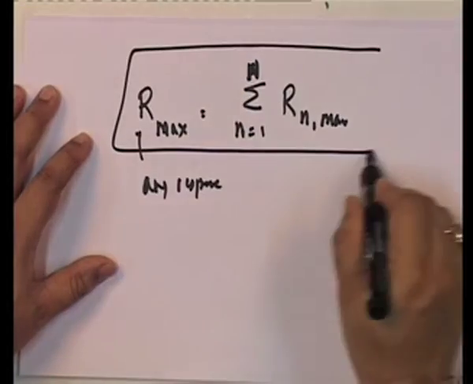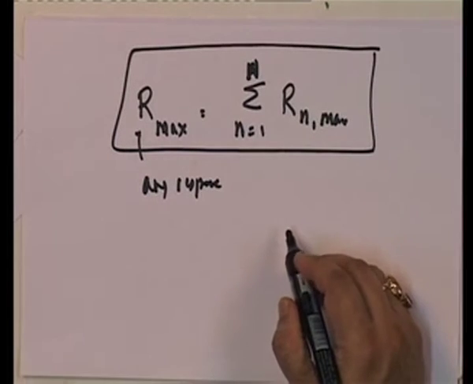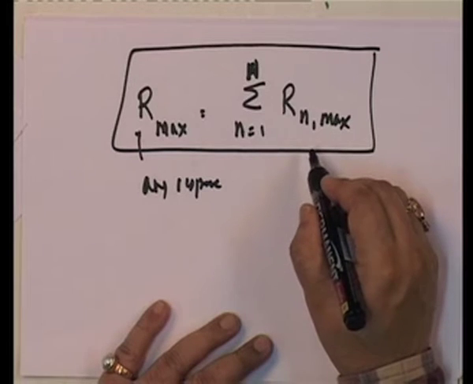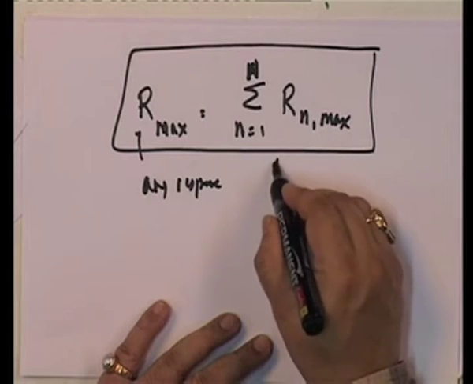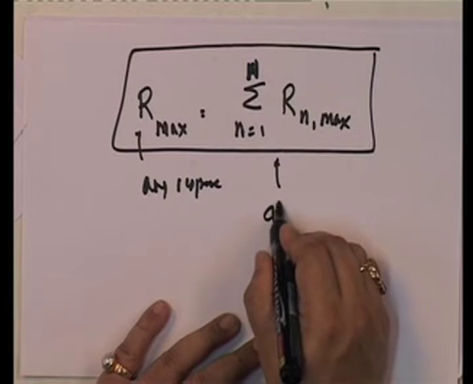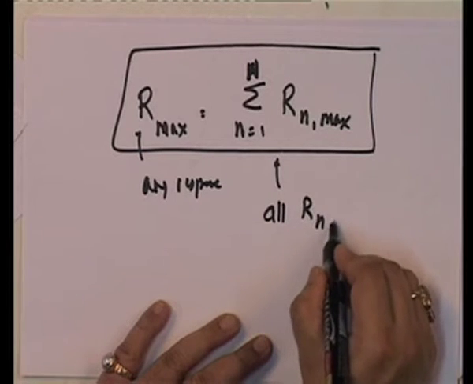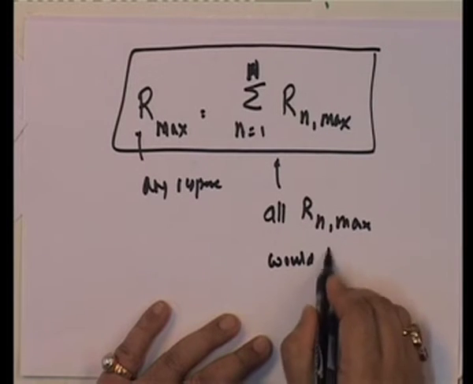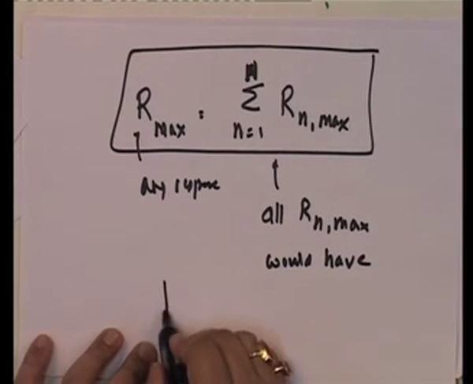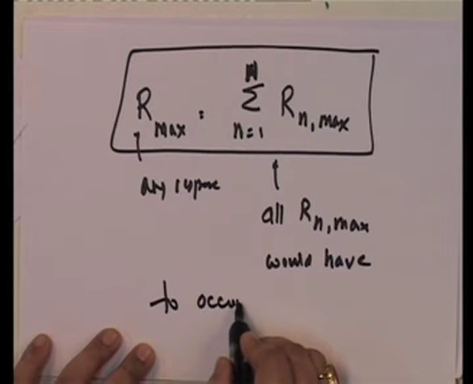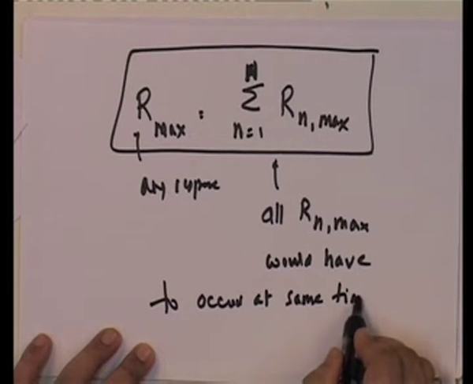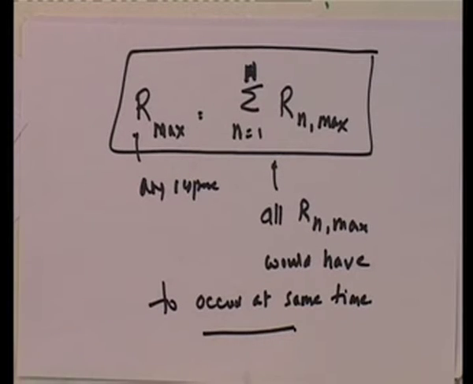Could I say that? You see, the problem with this is that although this is valid for any instant of time, for this to be valid, all R_n max would have to occur at the same time, right?